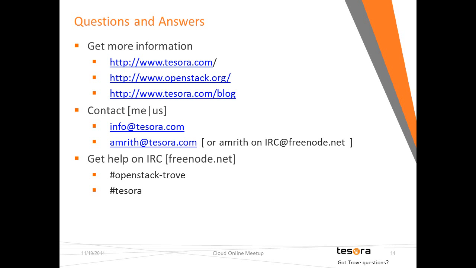So when a company offers to put their database in Trove, it means a couple of things. First, it means the company needs to be able to provide a version of their software which can be freely downloaded and distributed as part of a guest image. The second is somebody, and at Tora we're doing this for several people right now, needs to write a guest agent for that database. I mentioned Neo4j.